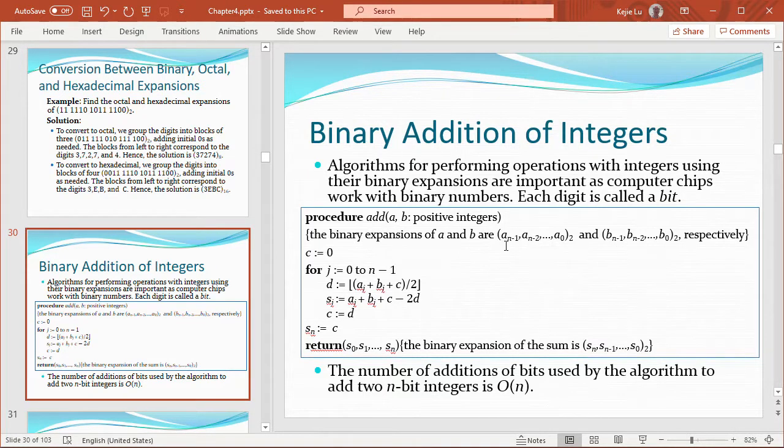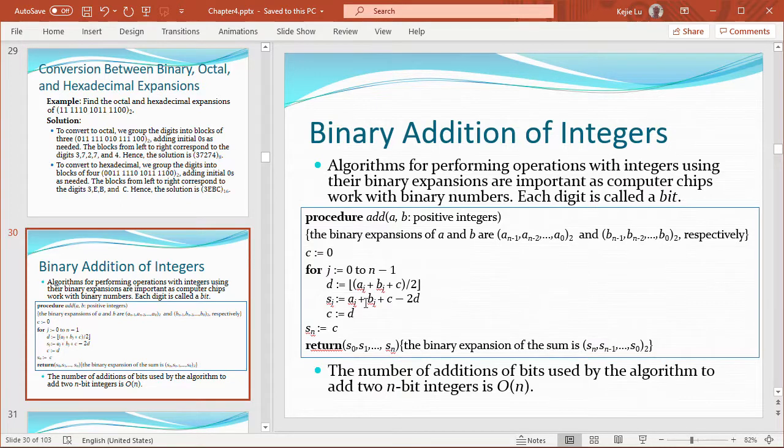So that is A sub n-1, A sub n-2, to A0, representing number A, and B sub n-1, B sub n-2 to B0 to represent B. Remember that these two representations are binary representations of the two numbers. So what we are going to do is initialize a C, which is the carry. Carry is initialized to 0. Then in the first round, we are going to add A0 and B0.